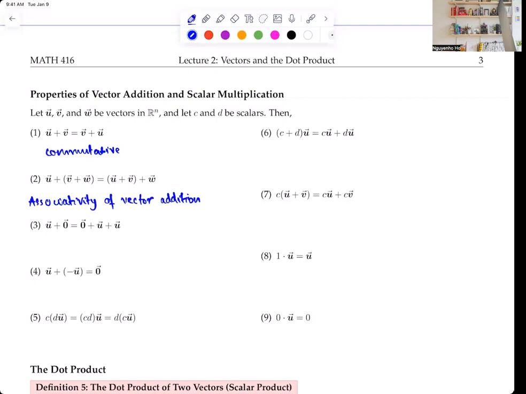Number three, zero is an identity of vector addition. So u plus zero equals zero plus u equals u. Can you change that, please? This should be an equal sign.